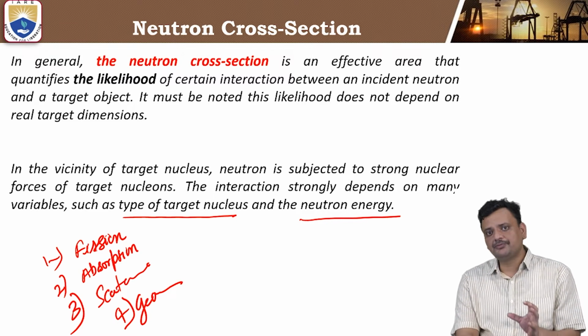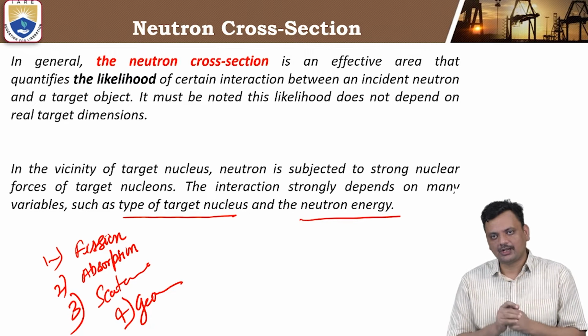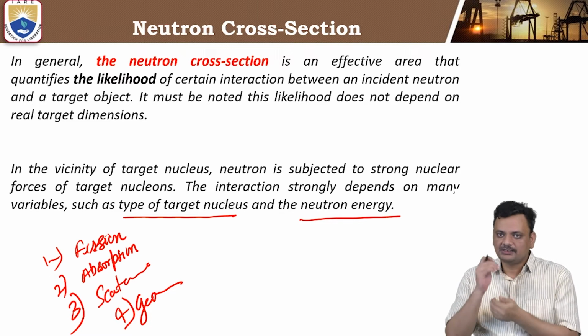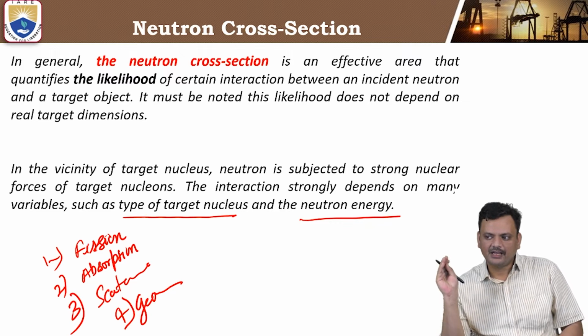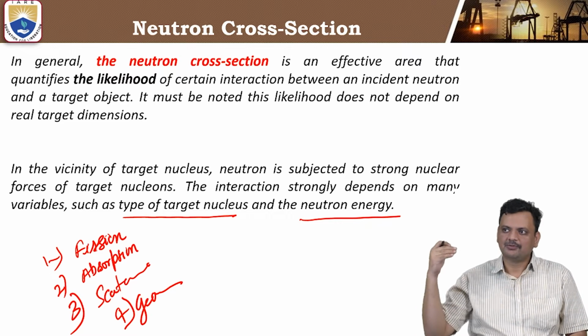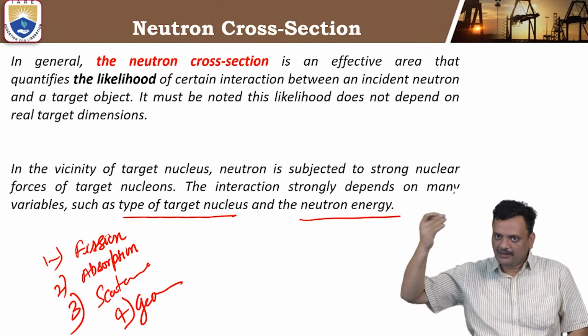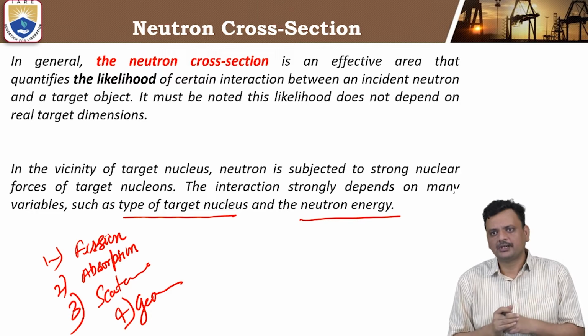So which type of nuclear reaction will happen during the neutron nucleus reaction? It depends on the target nucleus, meaning which type of material is there. For boron, silicon, carbon, different materials have different approaches.